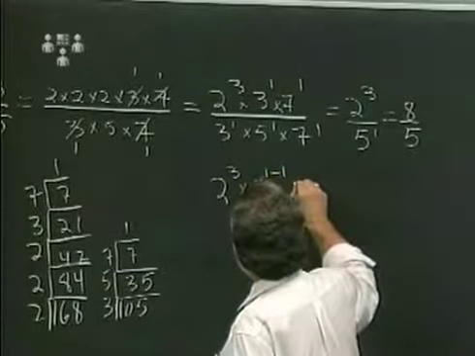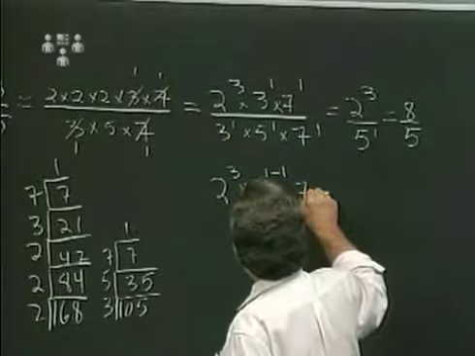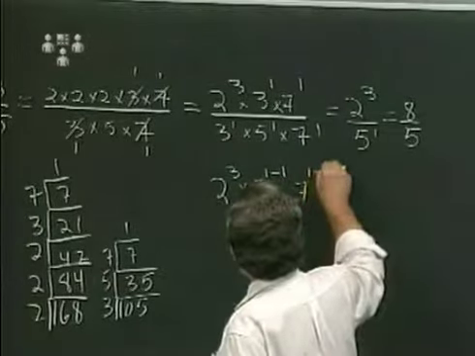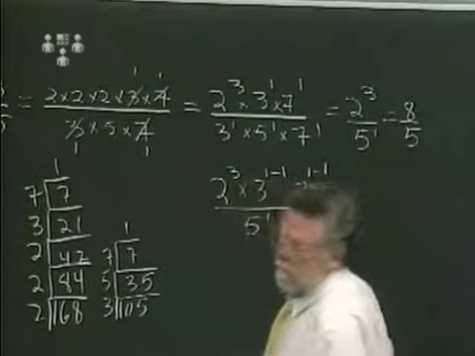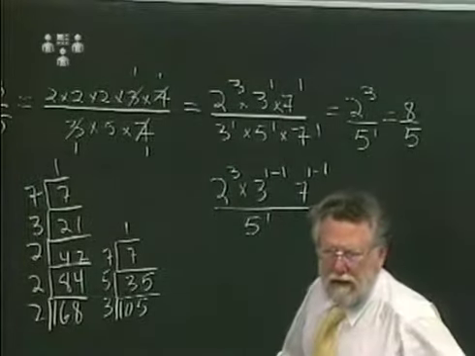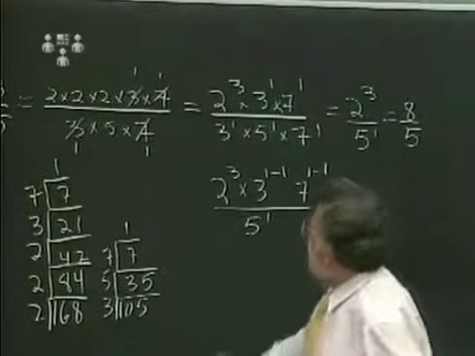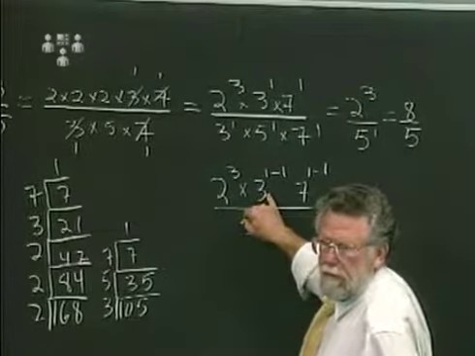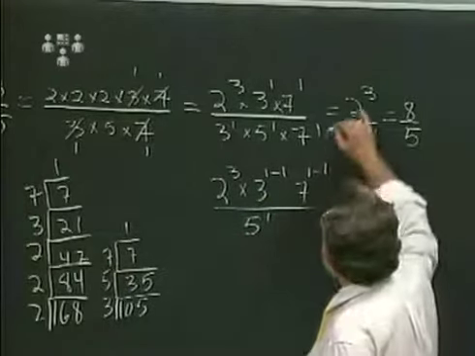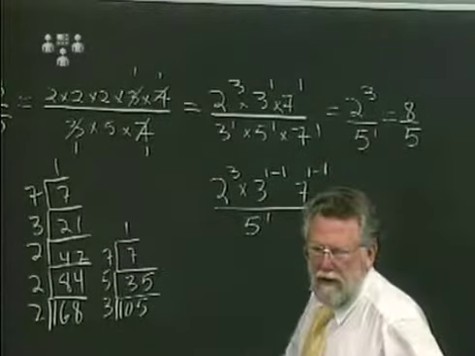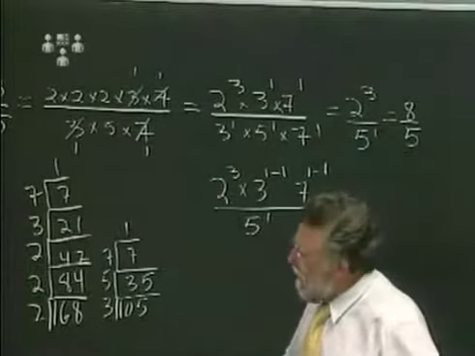Then I have a 7 to the 1 minus 1, and that's over 5 to the first by subtracting exponents. So 3 to the 0, 1, 7 to the 0, 1, and I get my 2 to the third over 5 to the first. We've done that before. Just subtract the exponents.